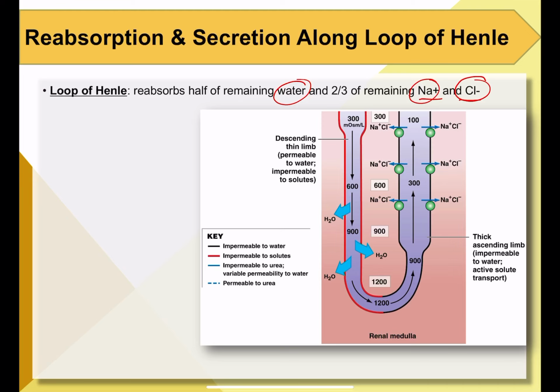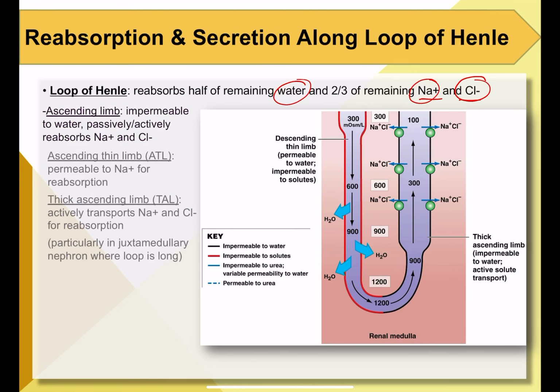Sodium chloride and water. Now, what is being moved across the membrane differs within the three sections of the loop of Henle. That's why we have to distinguish these three subsections of the loop of Henle. Remember, this red area right here is the descending thin limb, okay? This section right here is the ascending thin limb, okay?